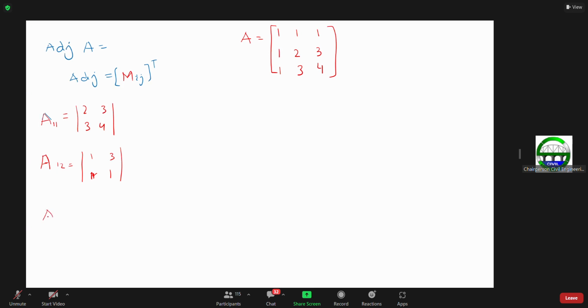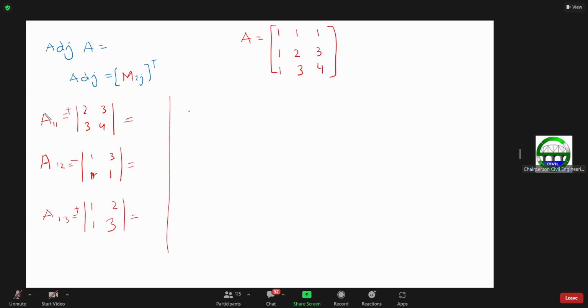Okay, A1,3 is equals to 1, 2, 1, 3, right? So this is plus, this is minus, this is plus. Okay, so please calculate the values. Meanwhile, I will write in here.